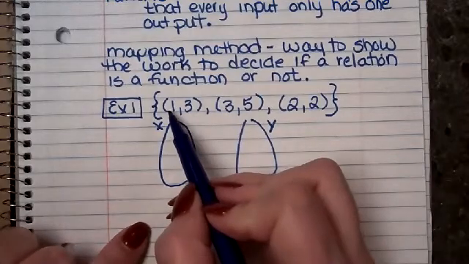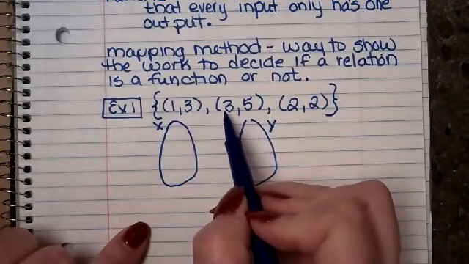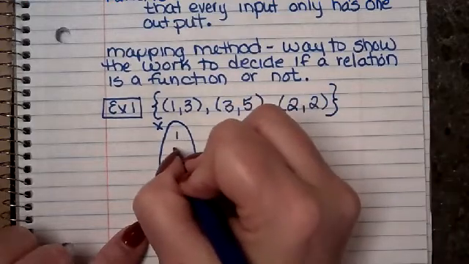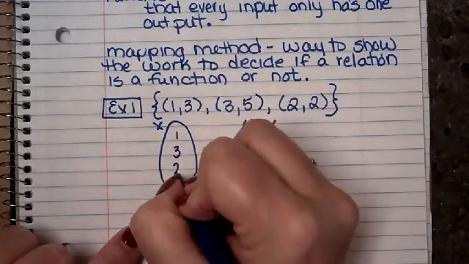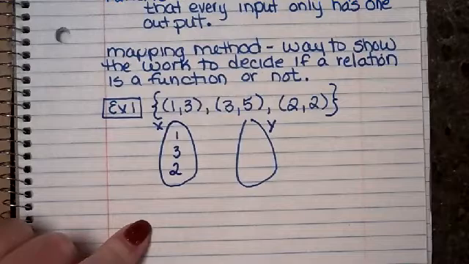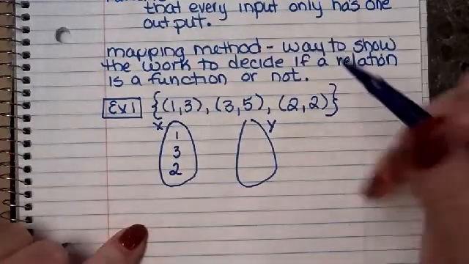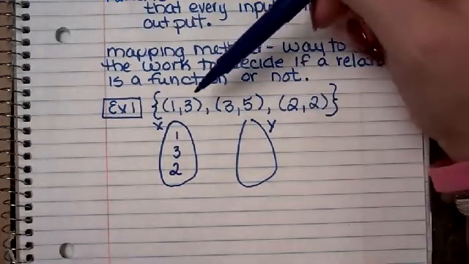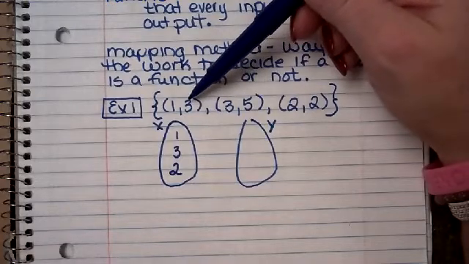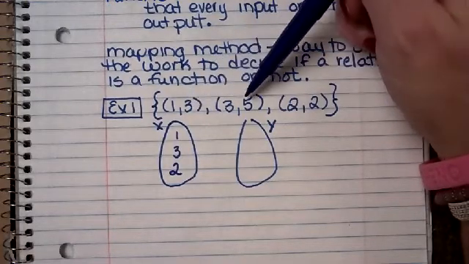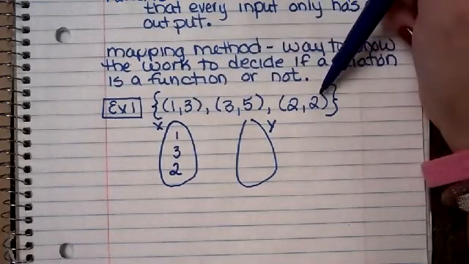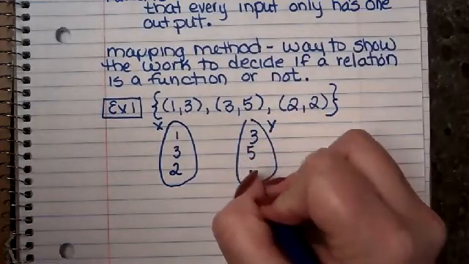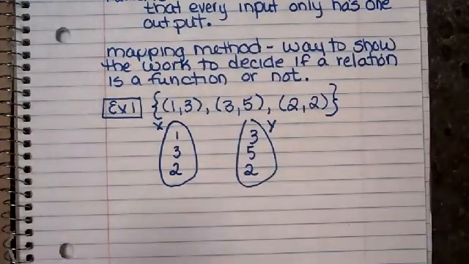My X coordinates are 1, 3, 2. Now in the Y bubble, I'm going to do the exact same thing. I'm going to write down my Y coordinates: 3, 5, and 2.